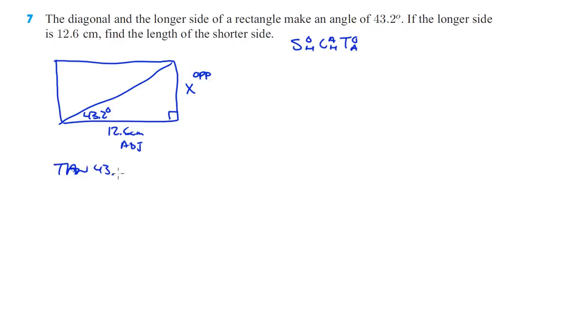So we're going to want to do tangent of 43.2 degrees is going to equal opposite, which is x, over adjacent, which is 12.6. Since the value that we know is on the bottom there, we can multiply both sides by 12.6. And that's going to tell us what this opposite side here is.